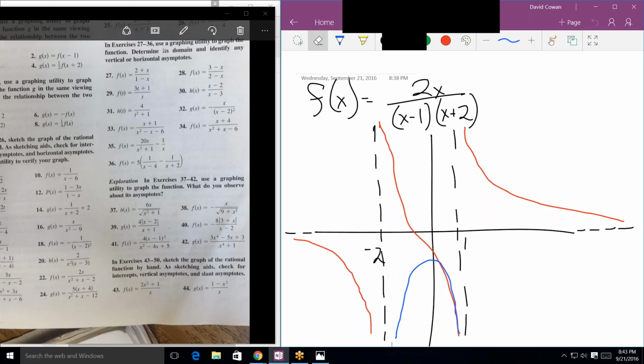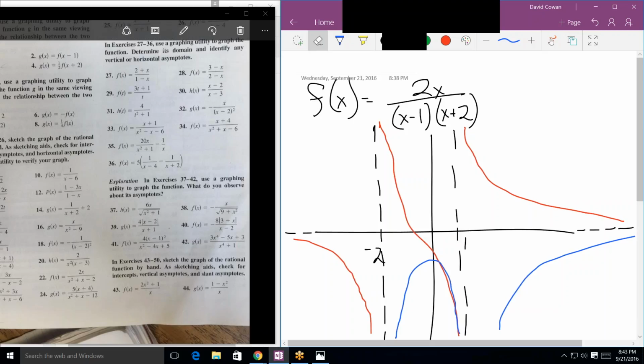Maybe it should look like this, in that quadrant. How can I tell really quick to make sure I've got it right? You can plug in a number. What kind of a number? 0? 0 is between the two asymptotes. If we're checking for this red curve right here, then we want to plug in a number greater than 1.